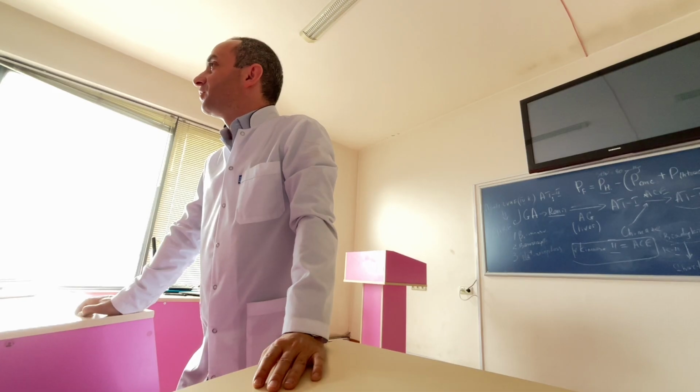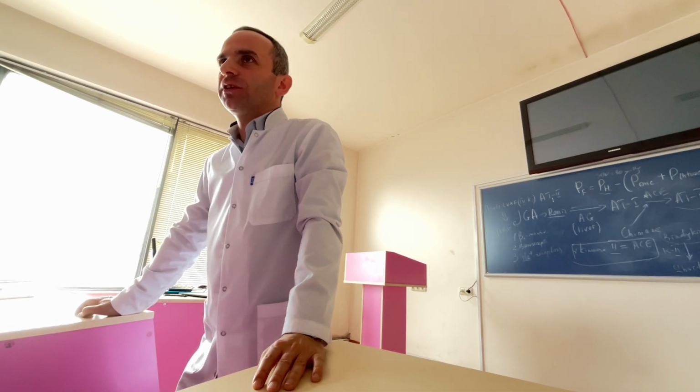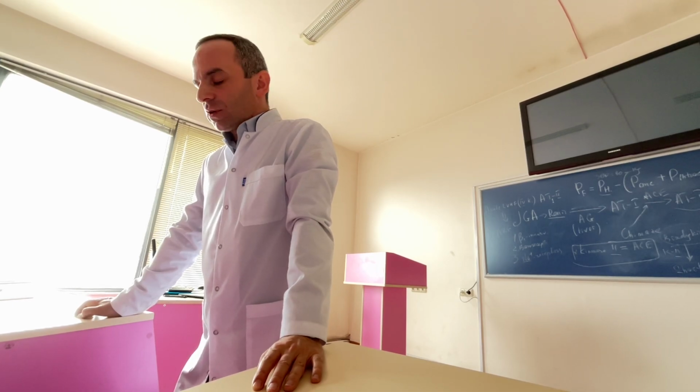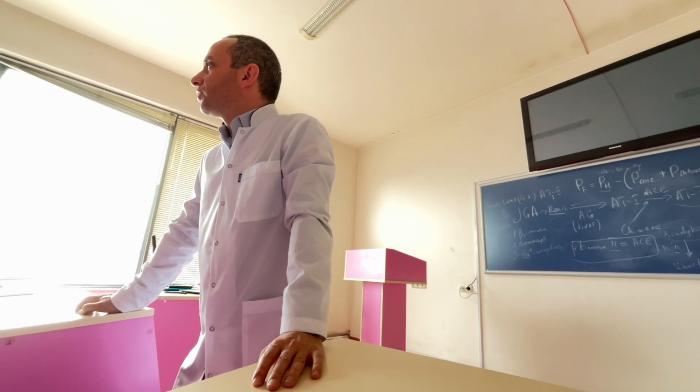Pyelos is the same as pelvis. One is in Greek, another is in Latin. So females, especially young females, are more likely to develop pyelonephritis and urinary tract infections, UTI.